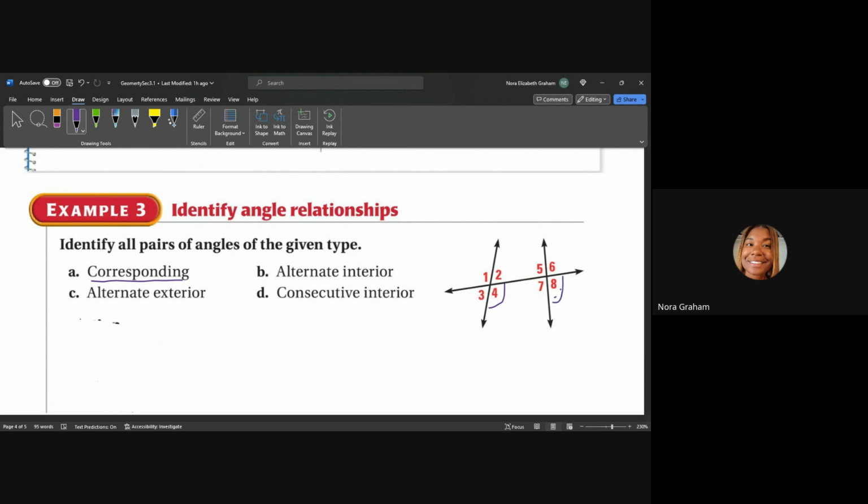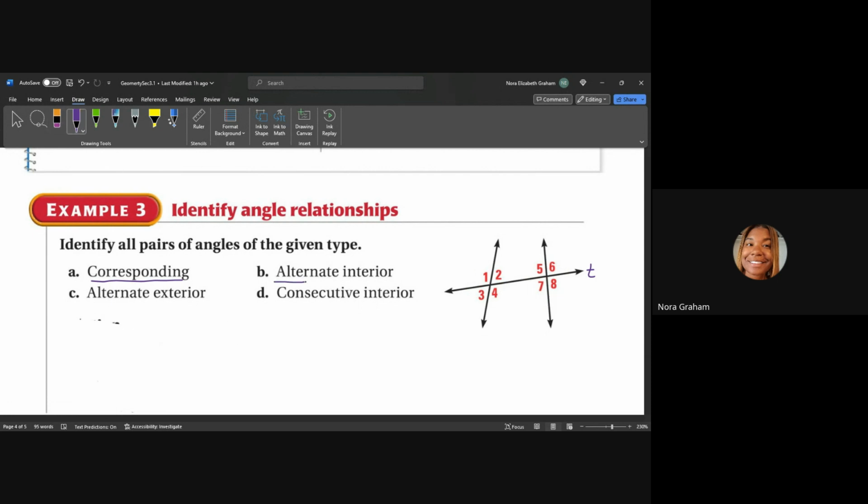See how they're on the top of my two coplanar lines, and then my transversal T, we can annotate that so we know what our transversal is right there. Corresponding. Okay, now let's look at B.